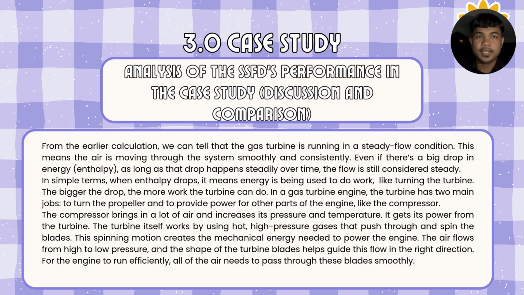Since air naturally flows from high to low pressure, the turbine blades are carefully shaped to guide this flow efficiently. For the system to work at its best, all the air must pass smoothly through the turbine blades, ensuring effective energy conversion and engine performance.